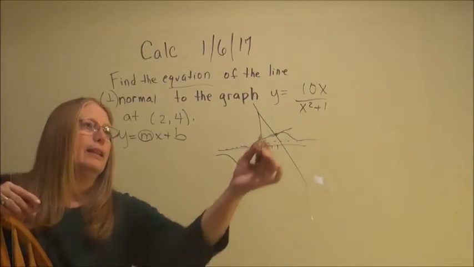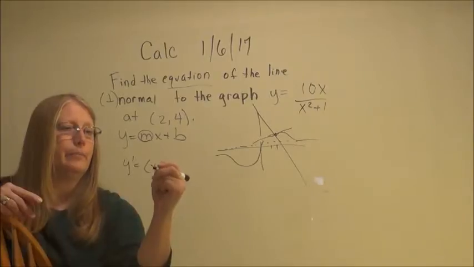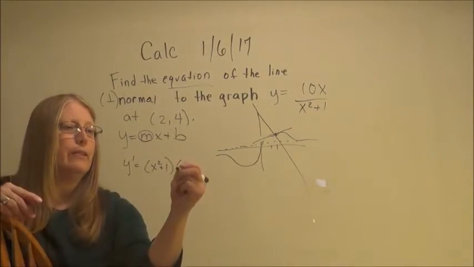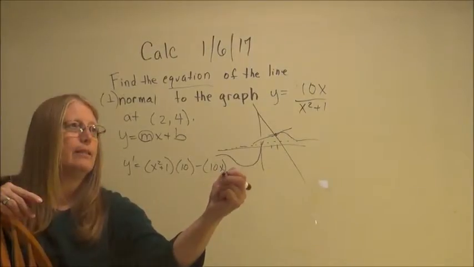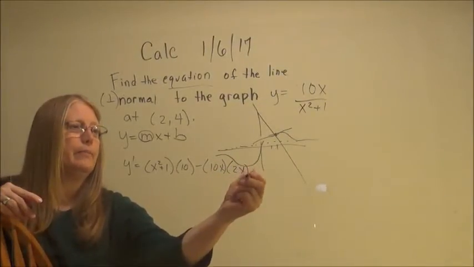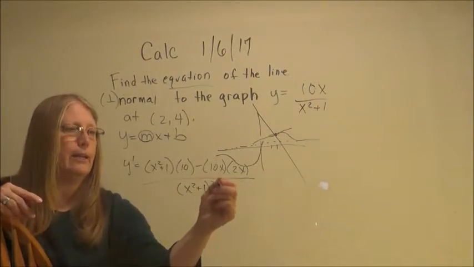So I'll do my derivative work here again. The bottom times the derivative of the top minus the top times the derivative of the bottom all over the bottom squared.